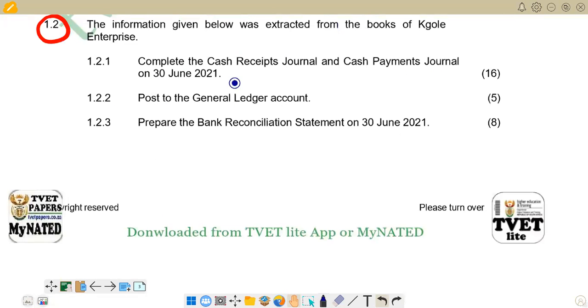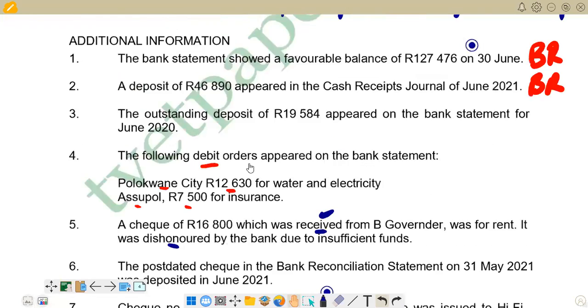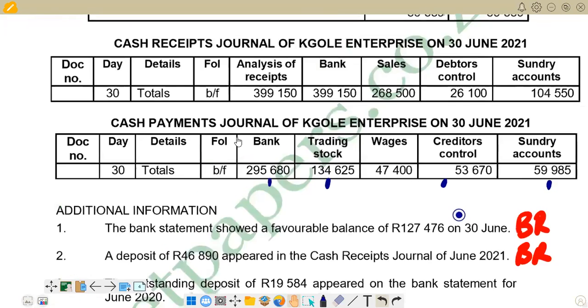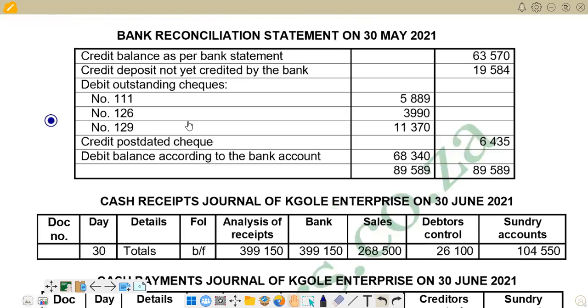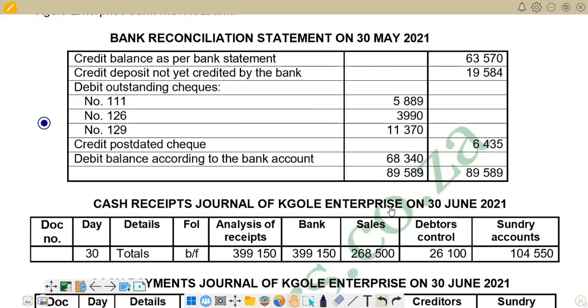So we go and check what check number 126 we have. We have it at the beginning of the question there. Check number 126, it's here, 3,990. 3,990 is the wrong figure that we have in the journal. So under the cash payments journal, we have 3,990, but the correct figure should be 6,990.